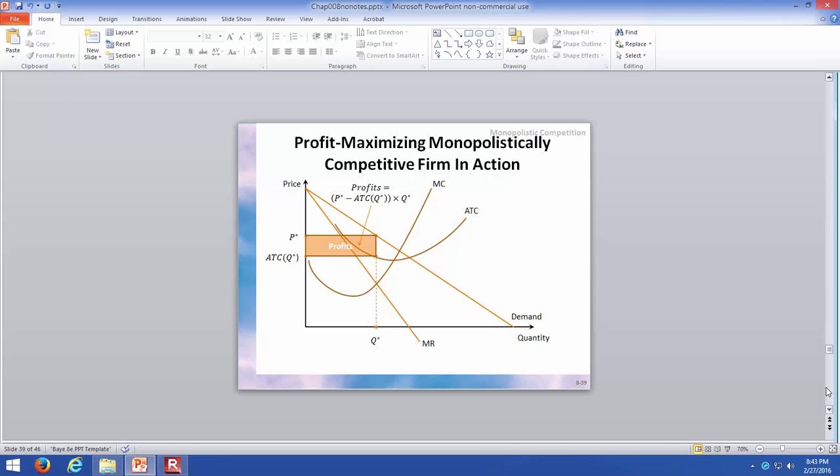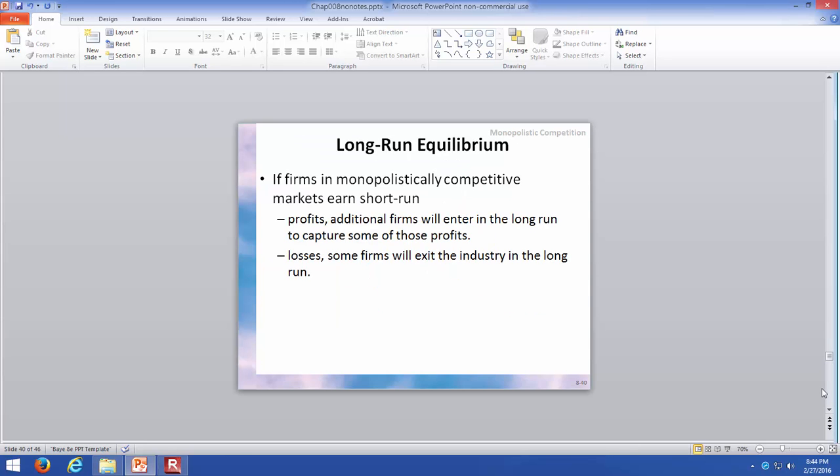Okay, the main difference between monopolistic competition and a monopoly is that the demand and marginal revenue curves used to determine the price and output are based upon the individual firm's product and not on the market demand curve. So here, we have not the aggregate market demand, but the price and output are based upon the individual firm's product. Okay.